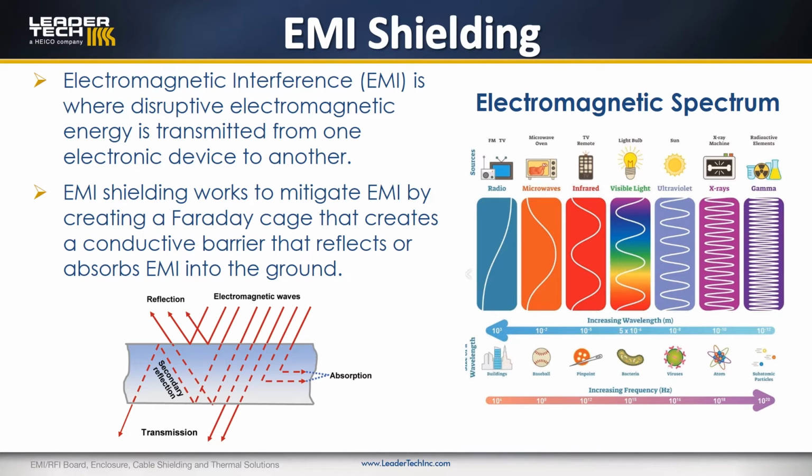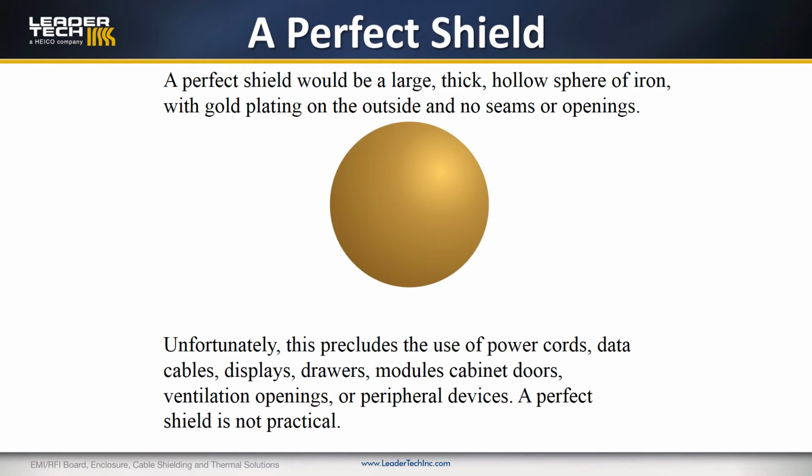The goal of EMI shielding is to mitigate this interference by creating a Faraday cage around the affected component. The total reduction in the signal is a combination of reflection loss within the Faraday cage and absorption loss actually within the material of the shield or cage itself. So what would be an example of a perfect shield?